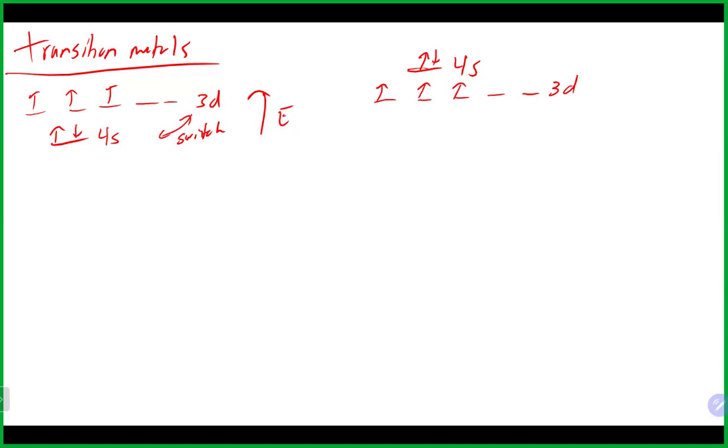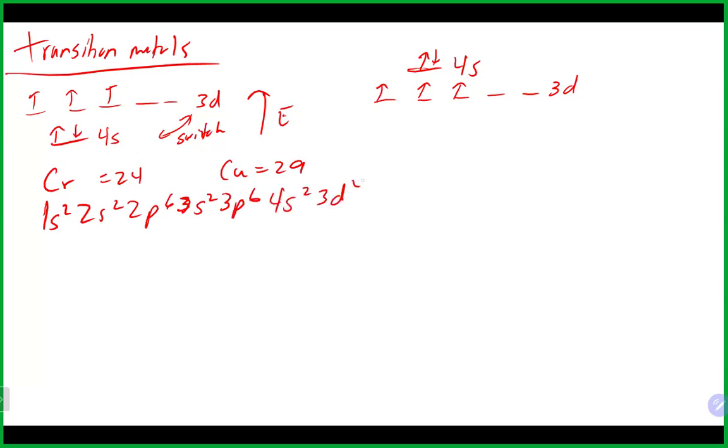This is also why, when we talked about transition metals at the very end as well, there are 2 exceptions to the normal electron configuration that you should be aware of. And again, those are chromium, which is 24, and copper, which is 29. If you follow that zigzag chart with 1s2, 2s2, 2p6, 3s2, 3p6, 4s2, 3d4 for chromium, they are really close in energy.